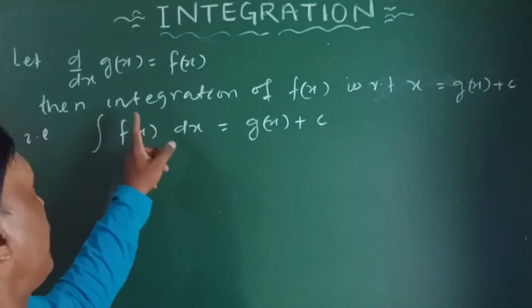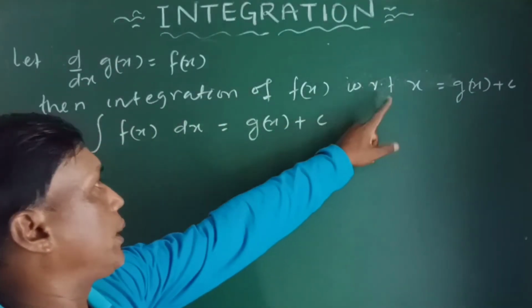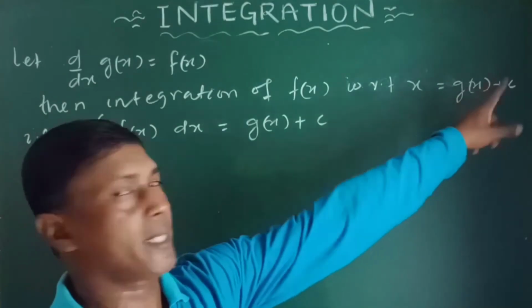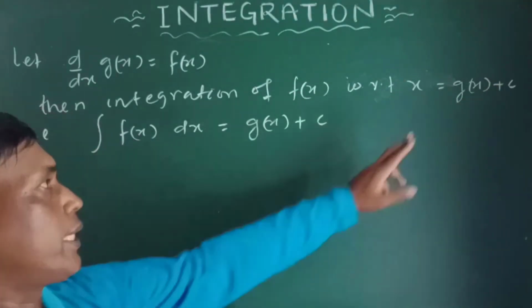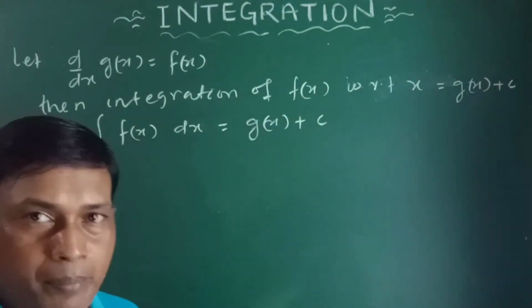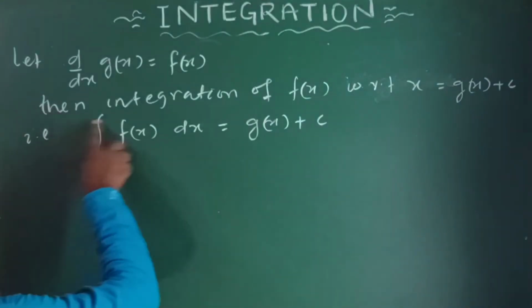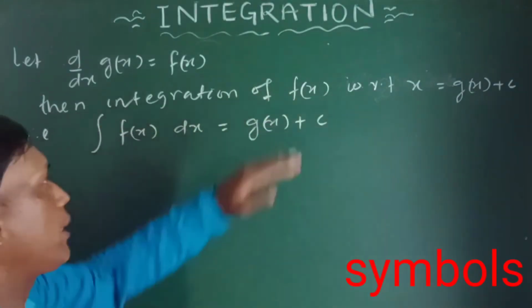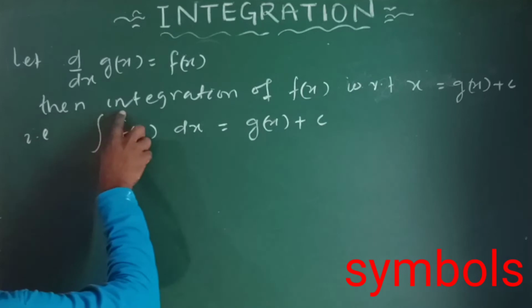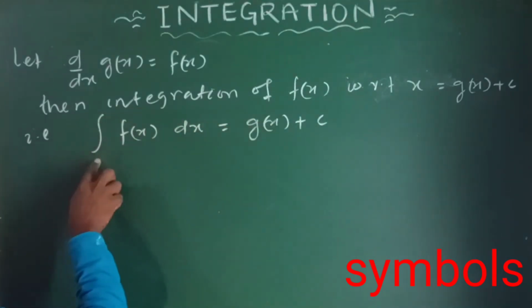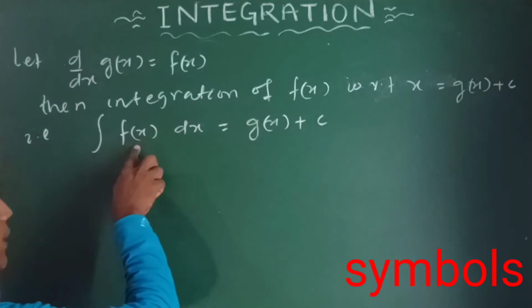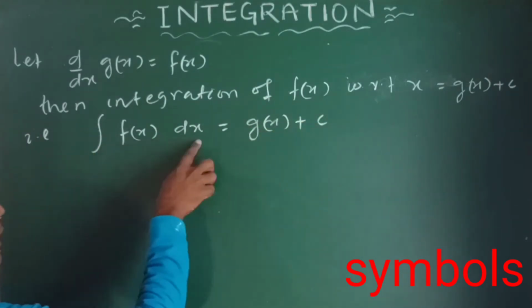But I write here the integration of f of x with respect to x is equal to g of x plus c. Why is there plus c? I will describe it after some time. Symbolically, we write the integration of f of x with respect to x with the symbol of integration, as shown here.